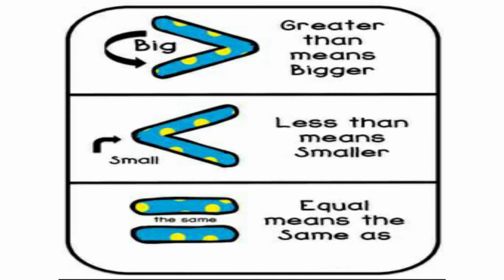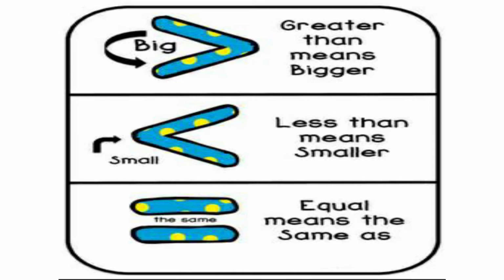So here first one is the greater sign and second one is the lesser sign. And if the numbers are equal means we have to keep the is equal to sign. Third one is the is equal to sign.